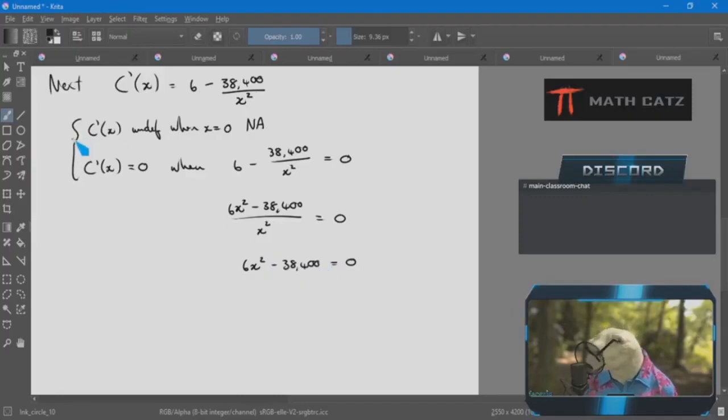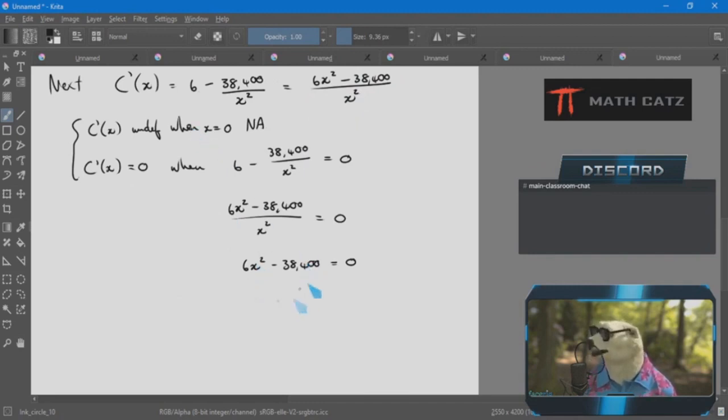Each of these in a rational function comes from the denominator and the numerator separately. So maybe this would look a little bit more familiar to write it from the start into a single fraction and then see it as a rational function, and that might be more familiar.